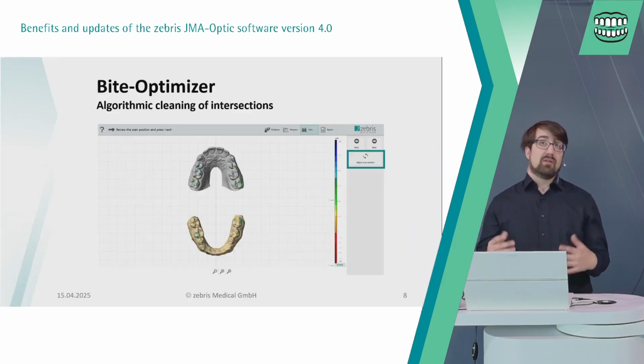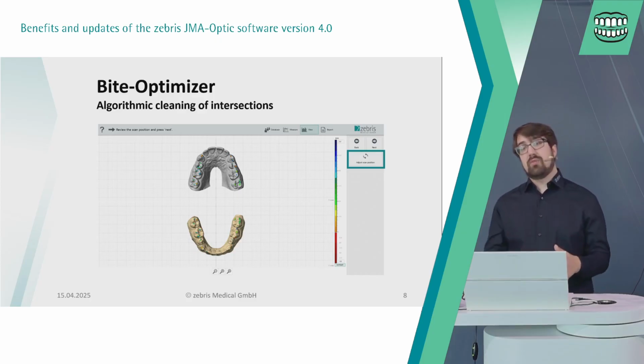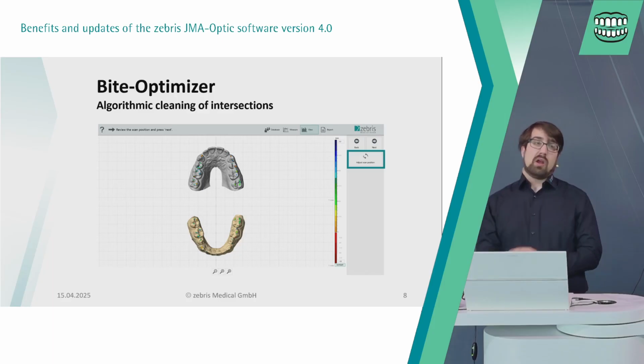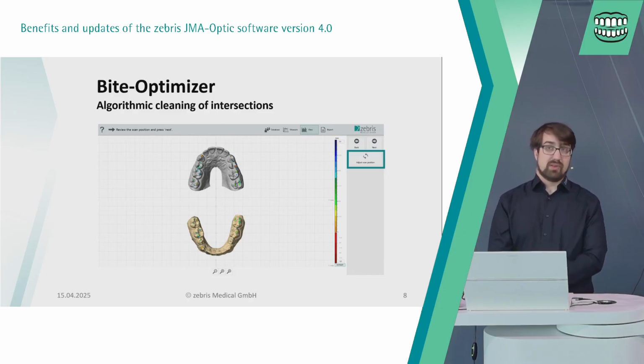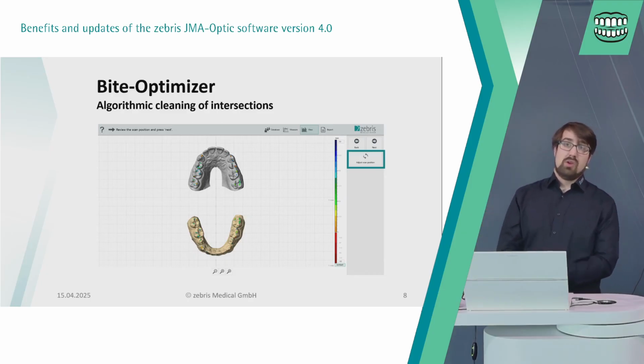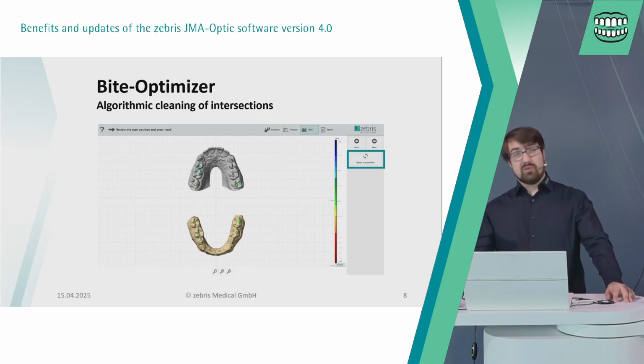Sometimes at first we see this in our SIBO software when we import the scans, that we have some big intersections, and when we go forward, we give this error to our technician, and for example, in our prosthetic work, we will still have this mistake. So you don't have to make a new scan with your patient, we implemented this, we call it the bite optimizer.